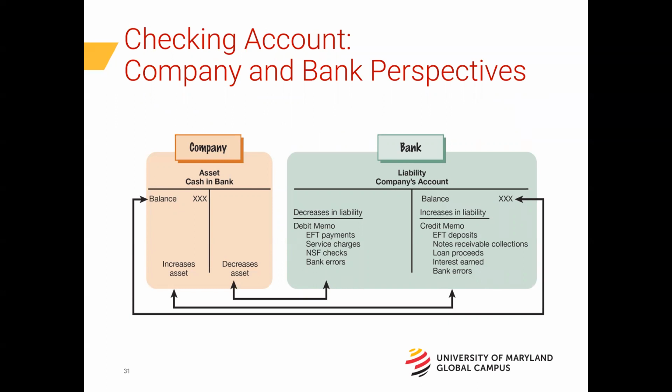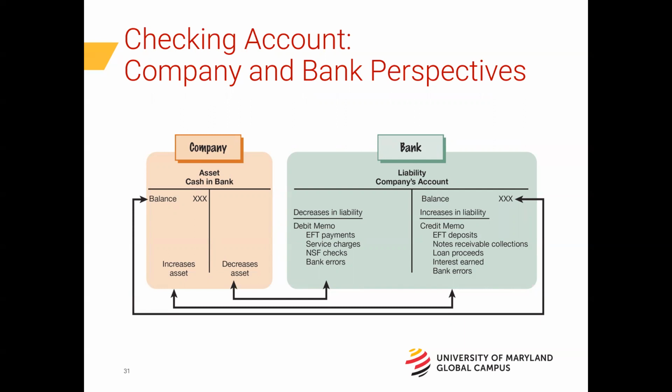And so what we do is we match our company accounts, more specifically our cash account on our balance sheet, and we match what's on that balance sheet cash account to what happened with our bank statement.